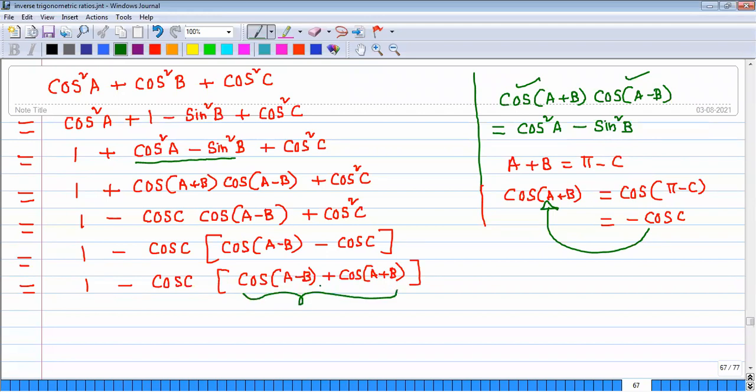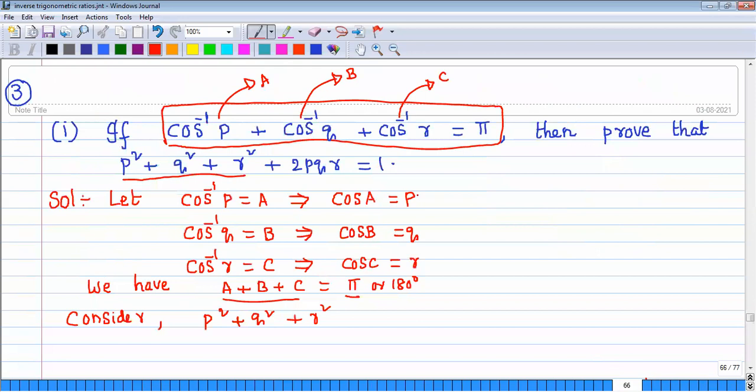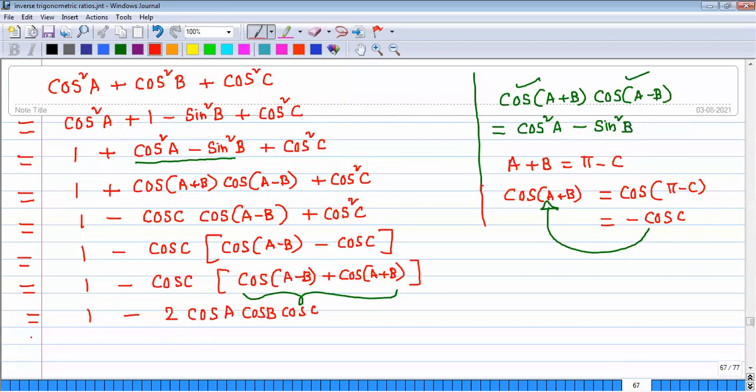This is 2 cos A cos B. Now what do you write as the answer? 1 minus 2 cos A cos B into cos C. But my dear students, check, cos A is nothing but P, cos B is nothing but Q, cos C is nothing but R. So now we can rewrite again 1 minus 2PQR. That implies P square plus Q square plus R square is equal to, we have proved, 1 minus 2PQR.